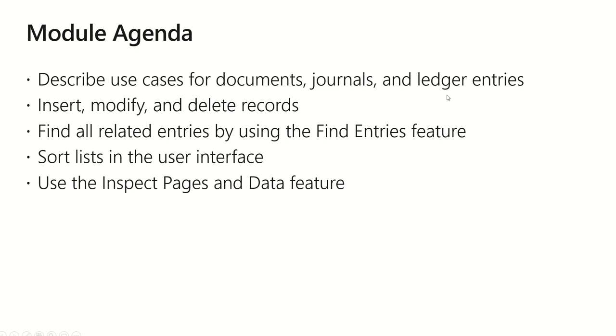Now in order to do this, you need to set up first before you can do journals and ledger entries. Usually you do, as I mentioned in the beginning, the chart of accounts, main account.